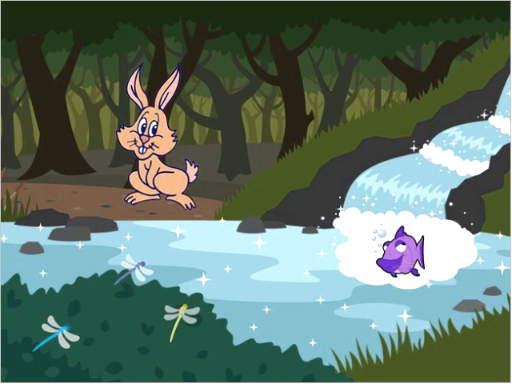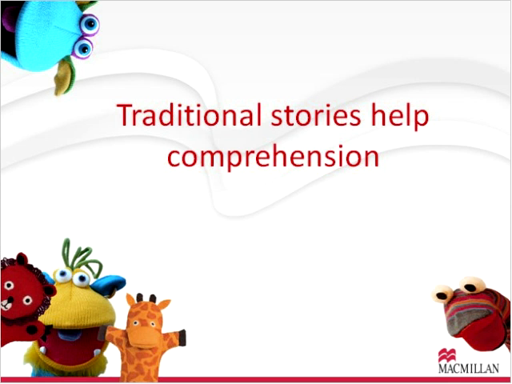So if you start with a traditional story like this, you are halving your problems. You are taking away the problem of comprehension, and you are leaving the actual structures for them to concentrate on. So let's have a look and see how that might work. Traditional stories really do help comprehension.